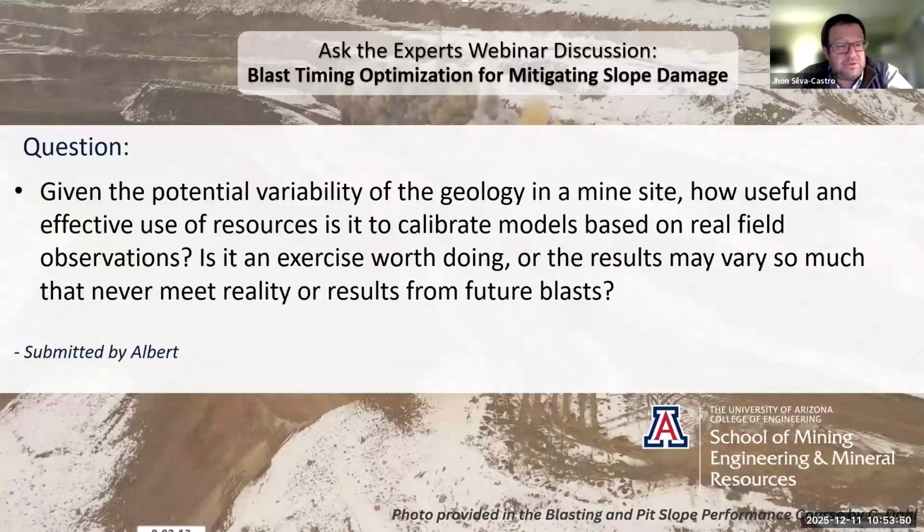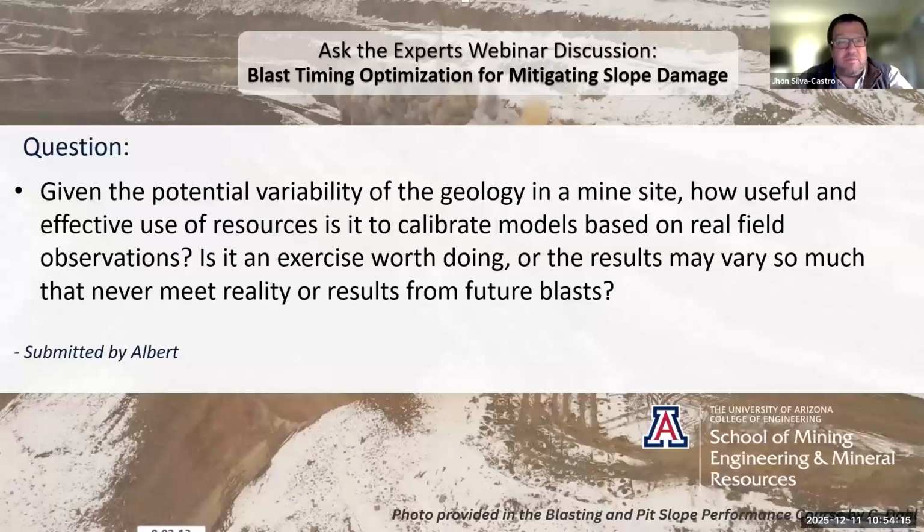Yeah, I will add also about this particular point. Sometimes we get lost in the forest, right? Trying to recreate in the computer what exactly is happening on the field. Now, all these models, what will help you is to understand trends, kind of what happens if I increase the frequency of my blast?